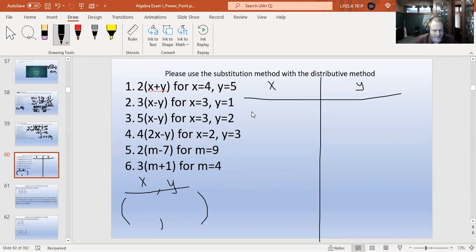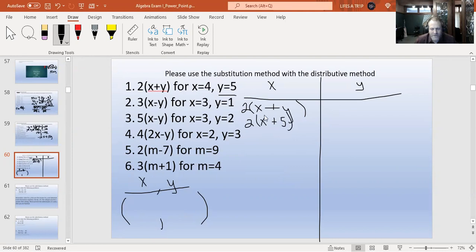So let's look at number 1. 2 times X plus Y. To solve for X, we're going to put something in there for Y. So let's do 2 times X plus 5.